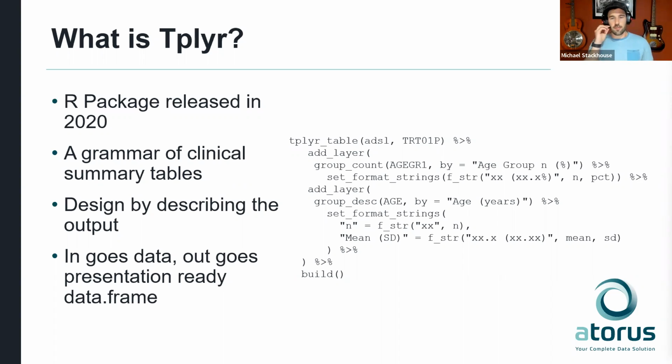There's a large suite of packages that can create really awesome tables out there, and that was not something we wanted to compete with or create another solution for. We wanted to leave that to awesome authors like Rich Iannone for the package gt or David Hugh-Jones for huxtable, and the great work that's been done out there as well. So when you're going through this today, just keep in mind: in goes data, out goes a presentation-ready data frame, and that is the scope of what we've done with tplyr itself.